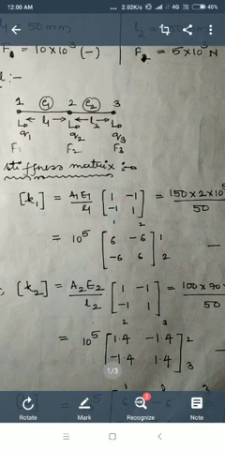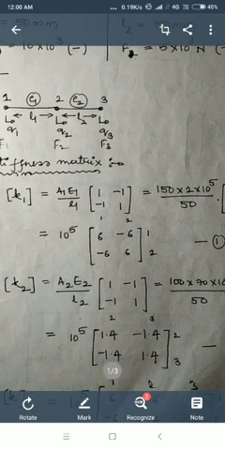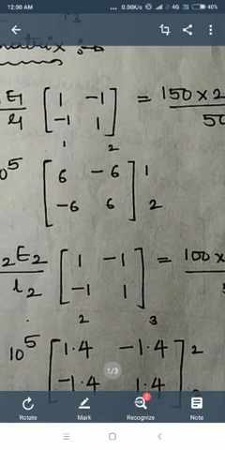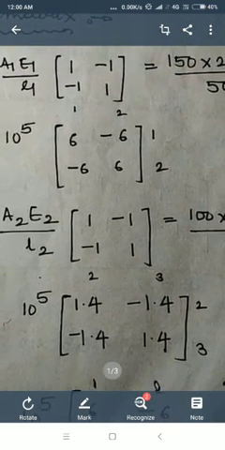Similarly, find out K2. Substitute the values of A2, E2, L2. Now calculate the value of A2 E2 upon L2, that comes as 1.4 into 10 to the power of 5. So again, as I told, the same value we have to take outside the matrix. That's why 10 to the power of 5 I have taken outside.